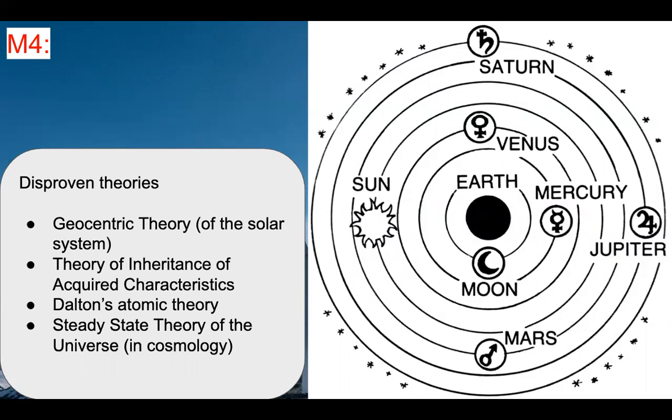That new idea, which was the heliocentric model, the sun-centered model, explains everything there much better. In that case, one theory was overturned and replaced by a new theory. Now, the heliocentric and geocentric theory have very similar ideas. They've just got one part that's completely different, which is what is the center.